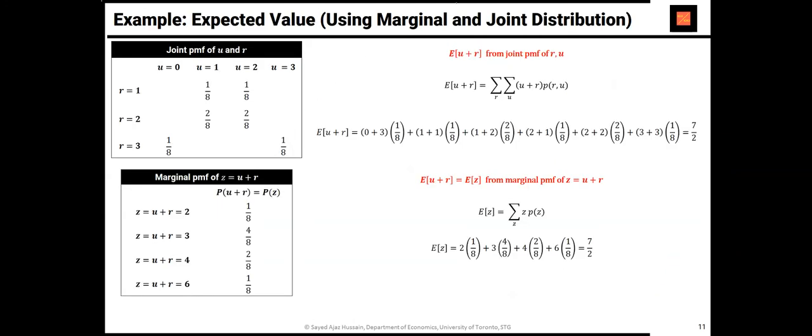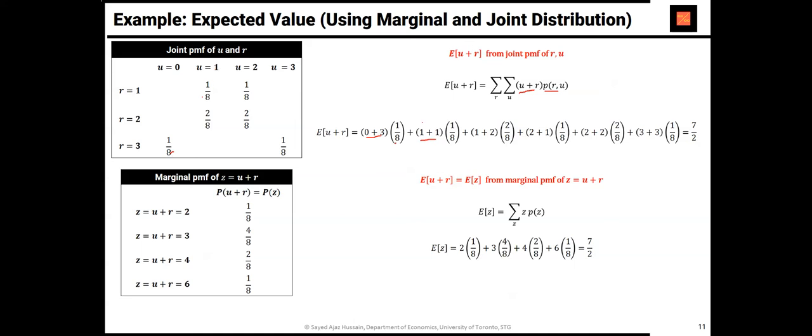One way to do this is by the joint PMF, because let's take all the possible values of U plus R. So I want U plus R times the probabilities. So what are the values? I'm only going to read off the values with mass. U plus R is 0 plus 3, times 1/8. U 1, R 1, the sum is 1 plus 1, times 1/8.